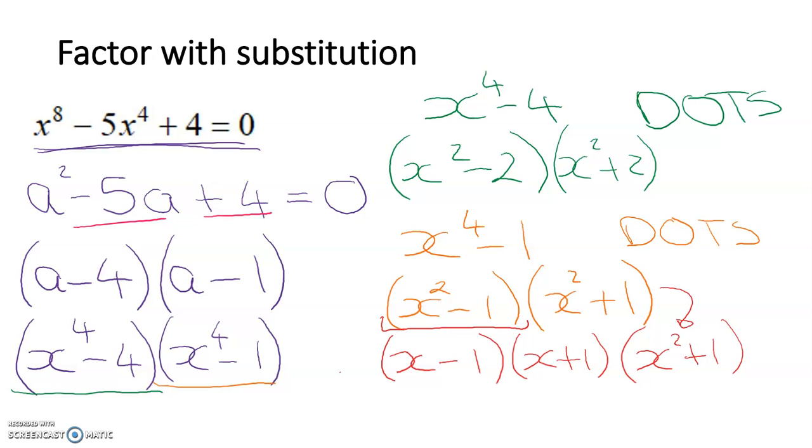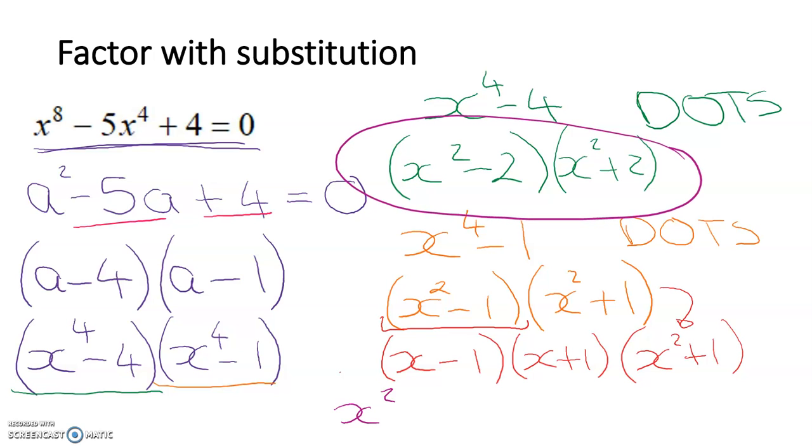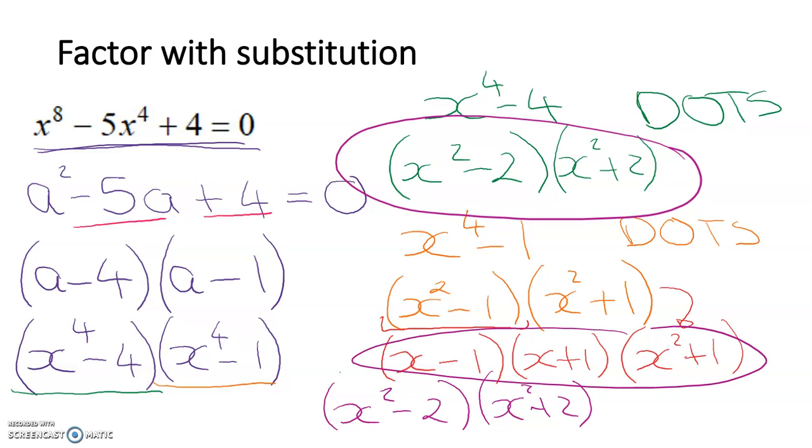So our actual answer, if these two factors here, they cannot be factored any further, x squared minus 2 and x squared plus 2, as well as these three, x minus 1, x plus 1, and I'll put it over here, x squared plus 1.